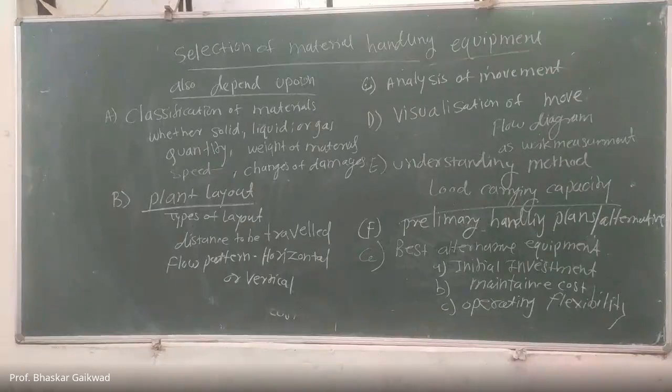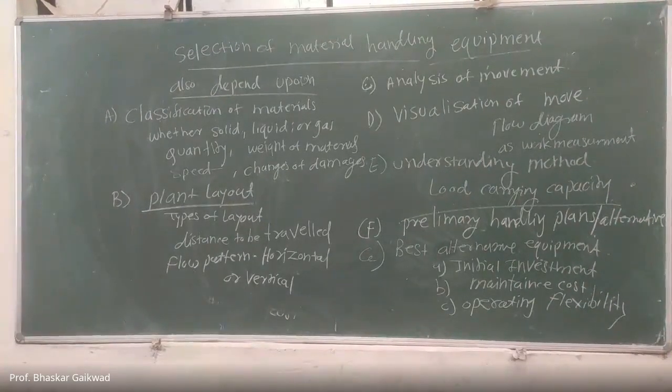For example, the bearing manufacturing industry, sugar industry, paper mills, food processing units, fertilizer manufacturing industries, textile mills. Here continuous production is there.